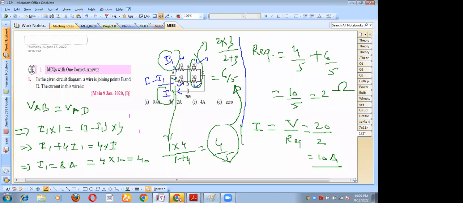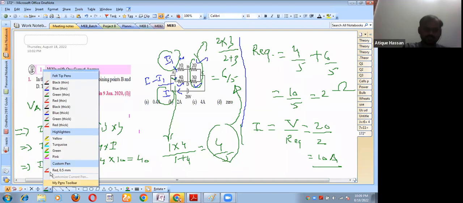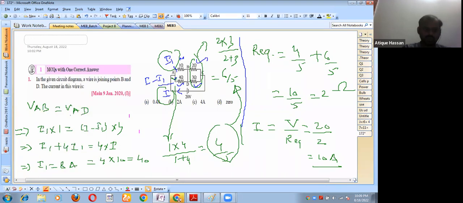Yes, sir. So the current in the upper circuit is 8 ampere, and the total current is 10 ampere. It means the current in the lower circuit will be 2 ampere, right?